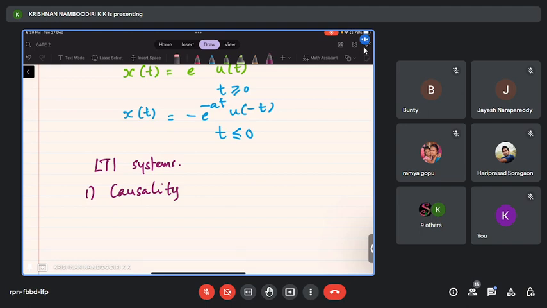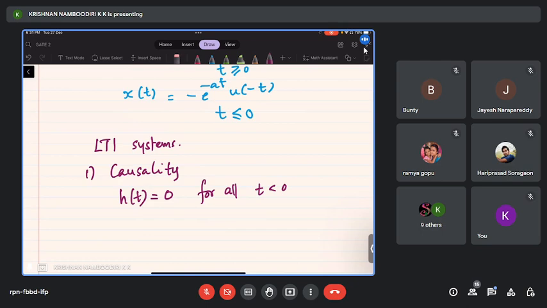Causality means these are actually practical systems, which means that the impulse response h of t will be equal to 0 for all t less than 0. That means the system responds to an impulse only after the impulse comes to the input, that is, only for t greater than or equal to 0. This is what is meant by causality.